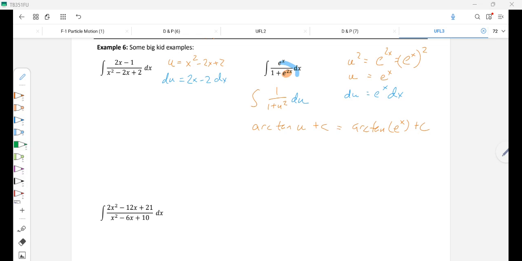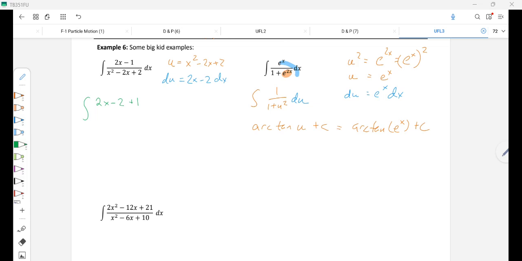So we are going to rewrite our integral as the integral of 2x minus 2 plus 1. I didn't show the add 1, subtract 1. I just need that numerator to still be equal overall to 2x minus 1, so I'll make it 2x minus 2, but then I'll put a plus 1 there.